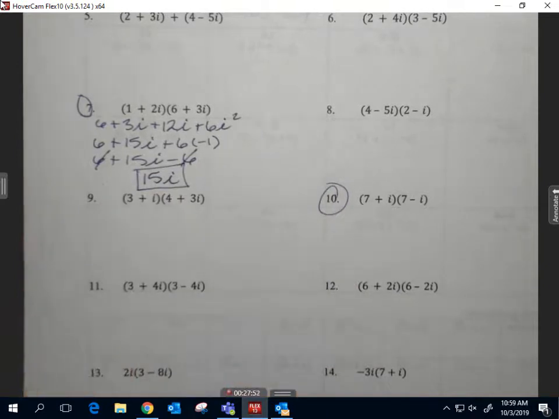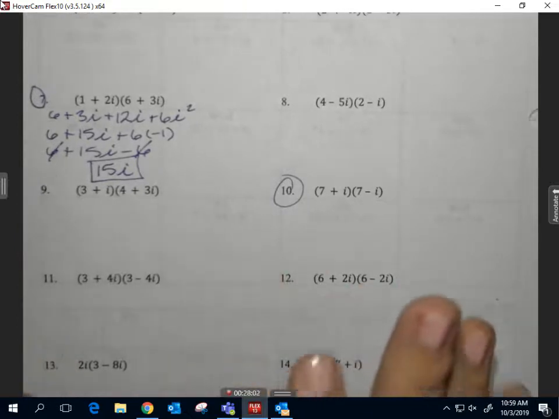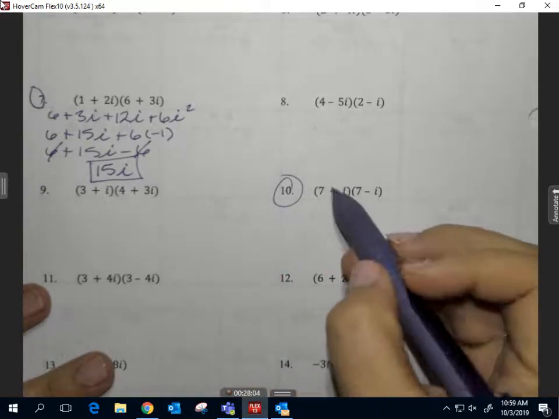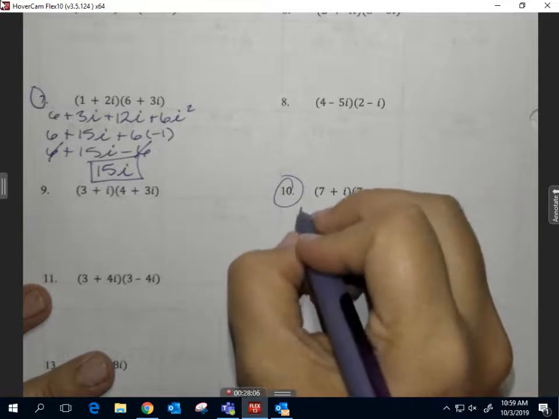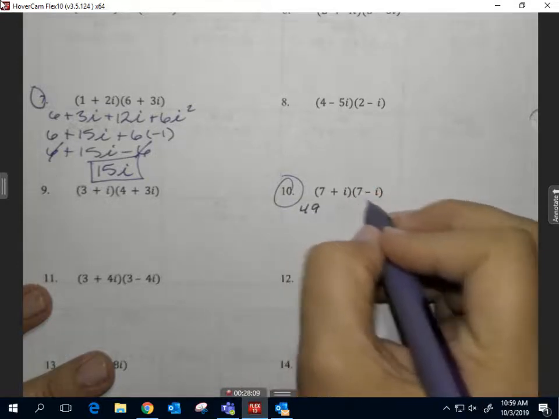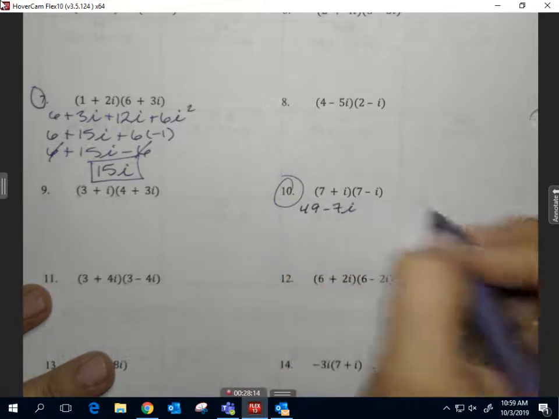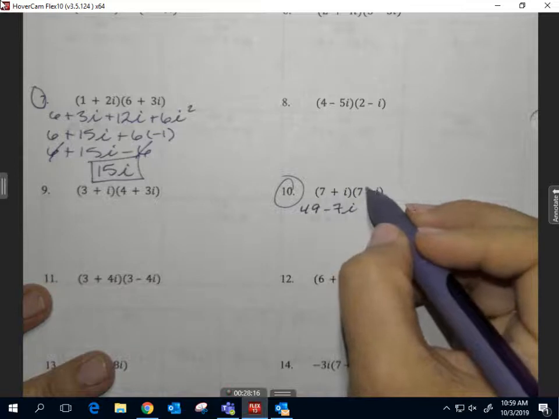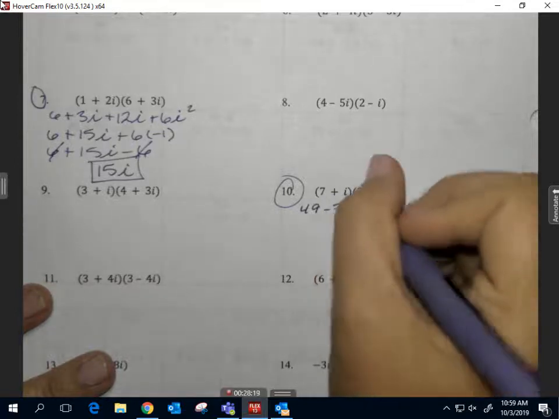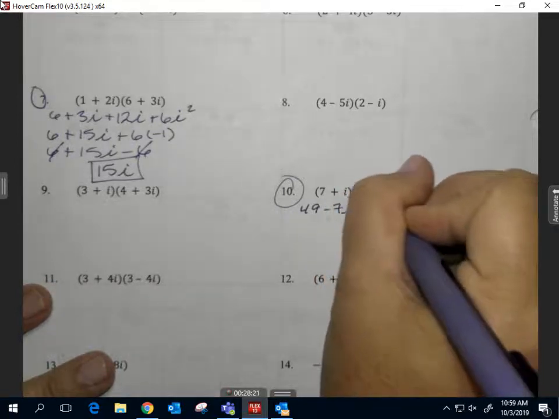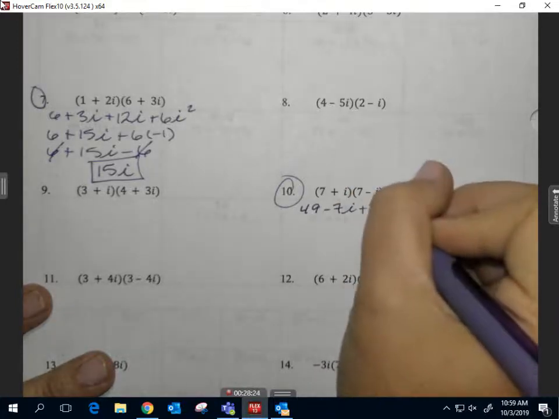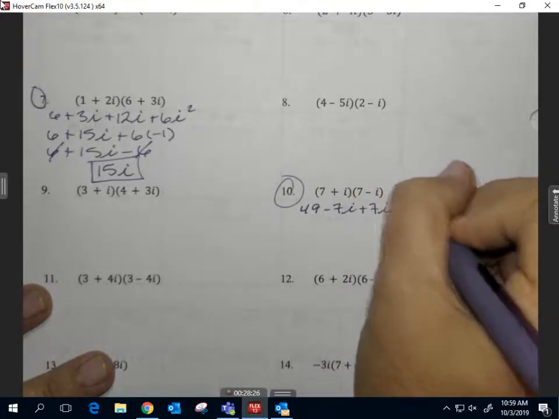I know when that happens sometimes, you guys think, I did something wrong. But you didn't, okay? So let's look at 10. It's going to be similar to that, okay? So 7 times 7 is 49. 7 times negative 1i is negative 7i. I times 7 is positive 7i. And I times negative I is negative I squared.